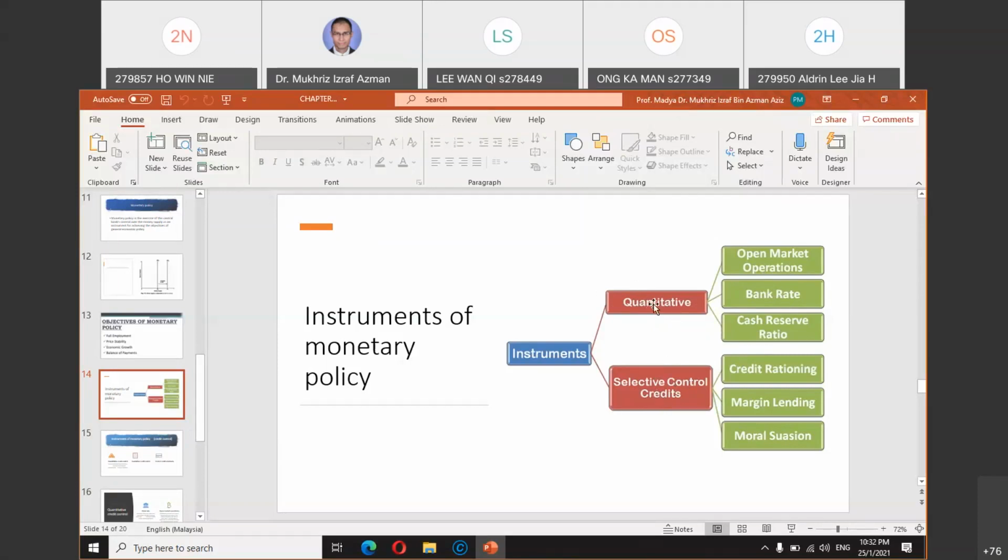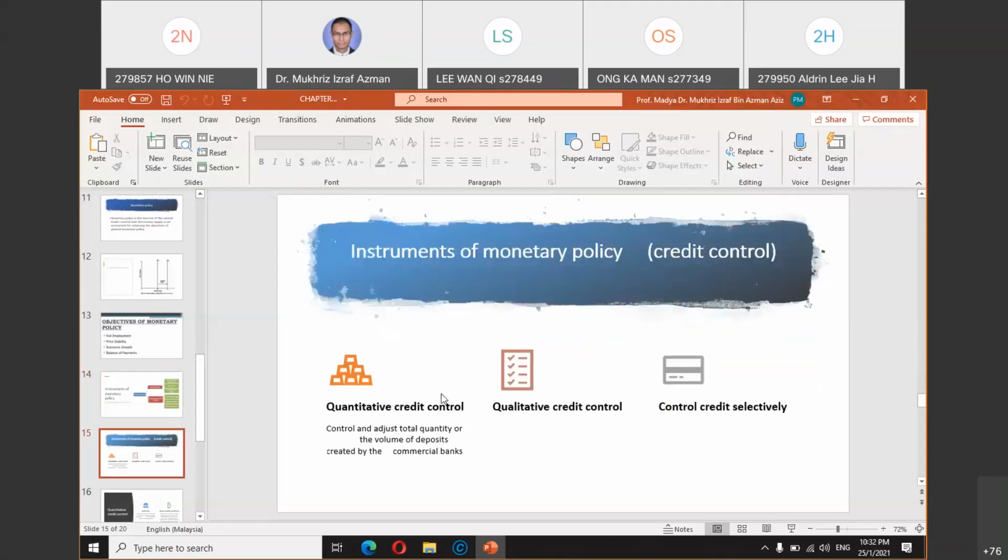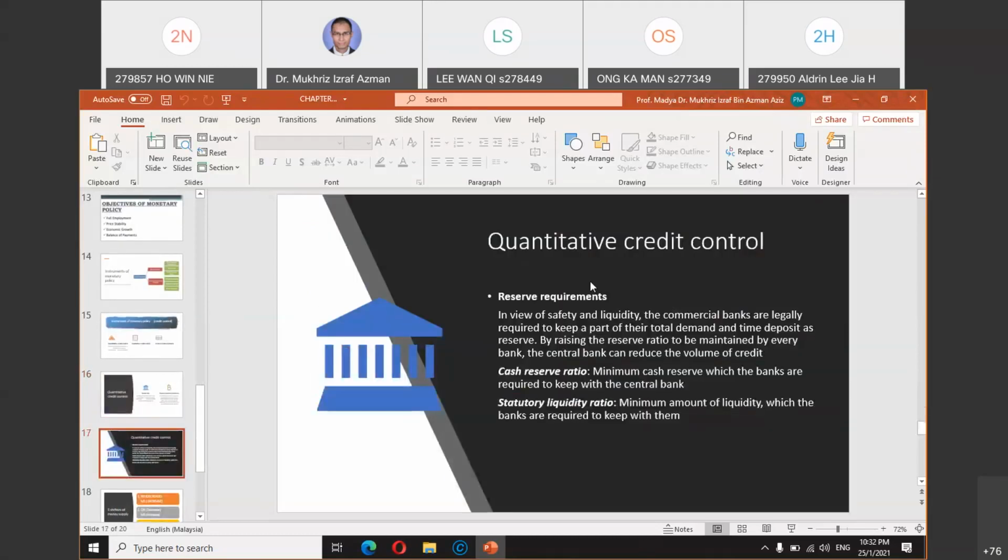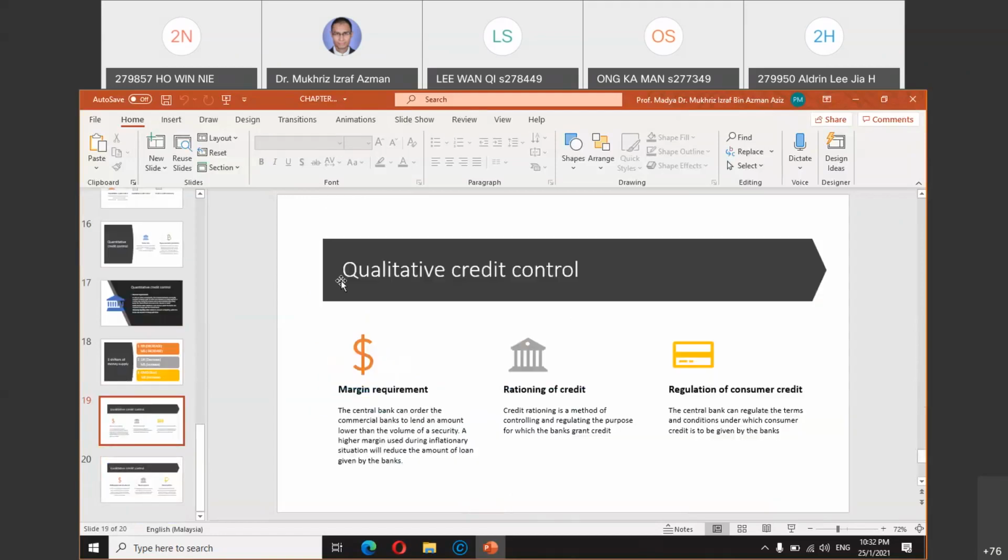So this is under quantitative credit control, the instruments. What are the components under quantitative, and then you have the qualitative.